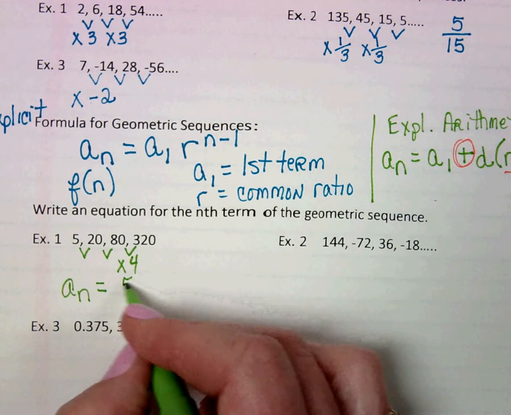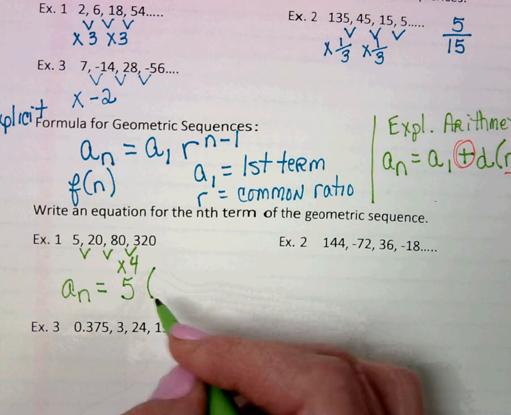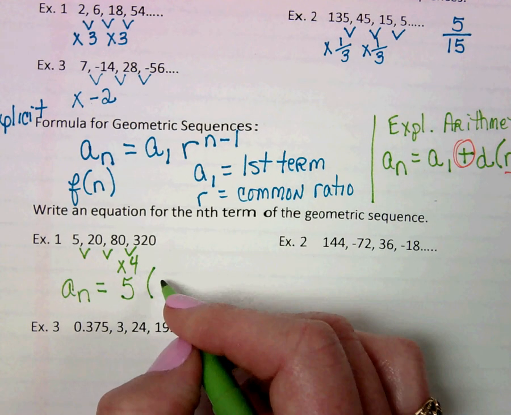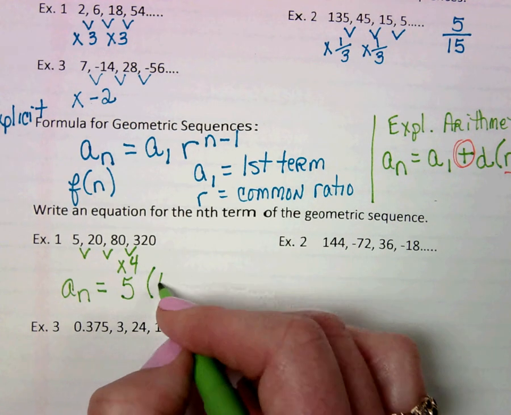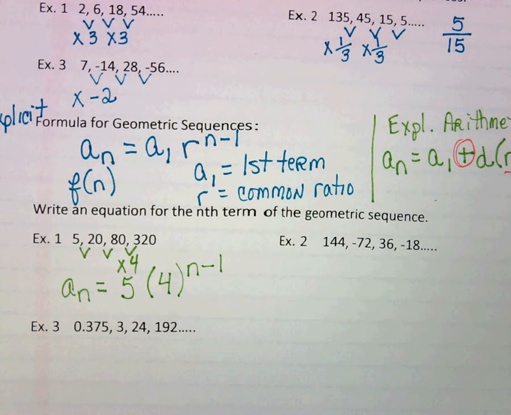So we would say 5 times 4 to the n minus 1. Okay, I want you to see if you can write the rest of the equations yourself.